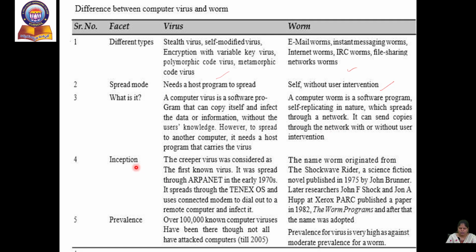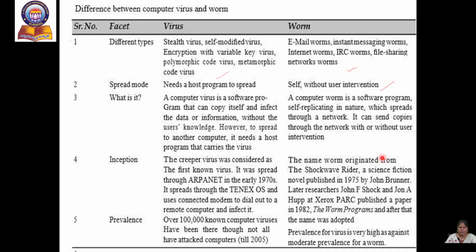Right? So coming to inception, the Creeper virus was considered the first known virus. It spread through the ARPANET in the early 1970s. The name worm originated from Shockwave Rider, a science fiction novel published in 1975 by John Brunner, right?